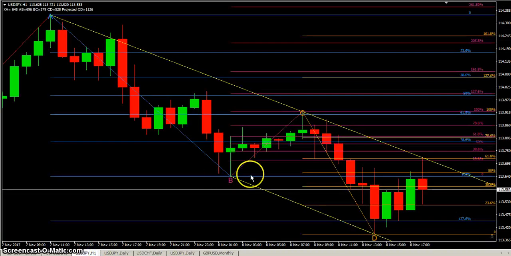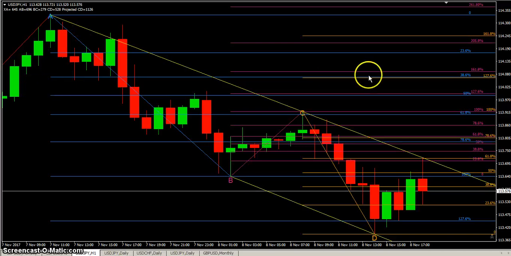Including even the Fibonacci's. I mean, you're looking for pullbacks to certain areas, and once again, you're looking for the price action. Pretty much, which way did it go last? Did it go this way or this way? Well, no, it came down and went back up. So that means from this level, price is up.